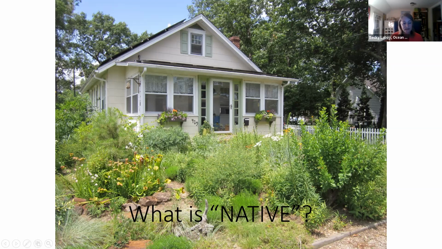So a native plant is considered to have occurred here in the United States prior to European colonization. And because of the long evolutionary relationship that a native plant has formed with its environment, it is adapted to local conditions, including the local soil and climate.